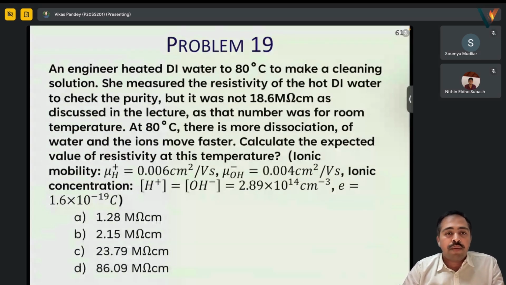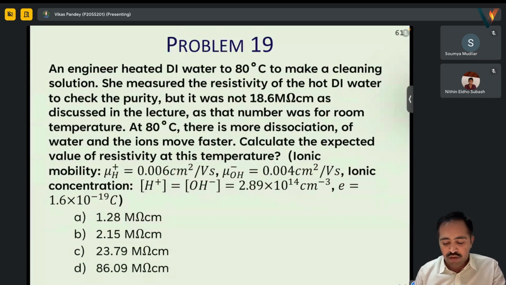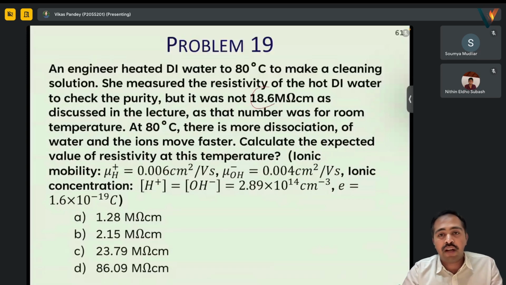Now we have talked about DI water, and we have talked about the conductivity of the DI water also. So now let's say that an engineer heated DI water at 80 degrees Celsius to make a cleaning solution. DI water at room temperature should have a resistivity of 18.6 mega ohm centimeter.